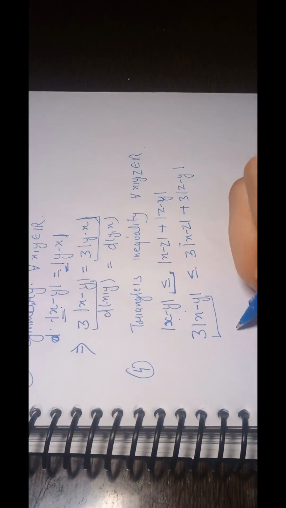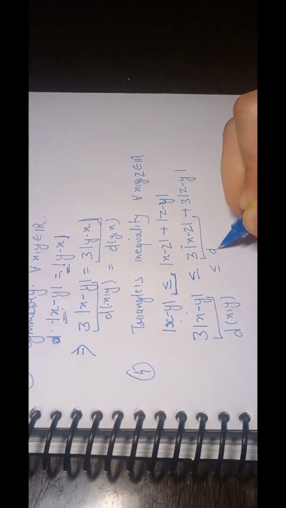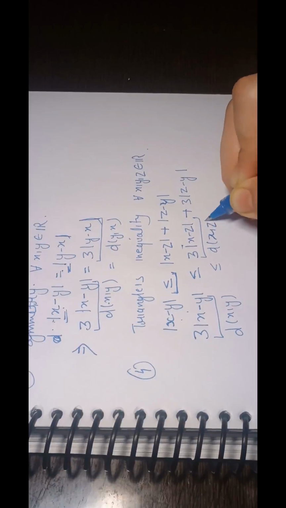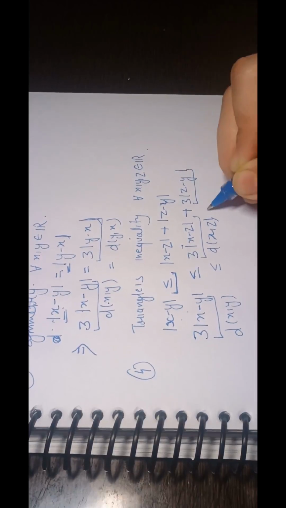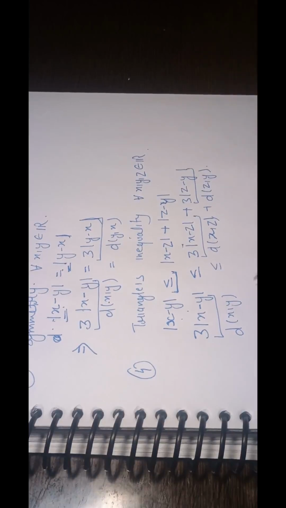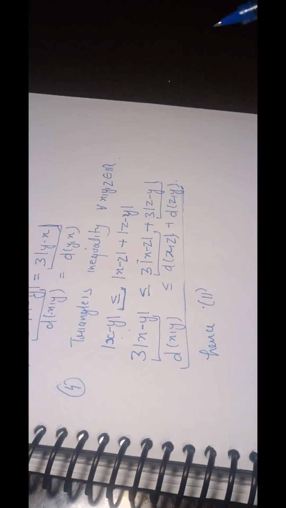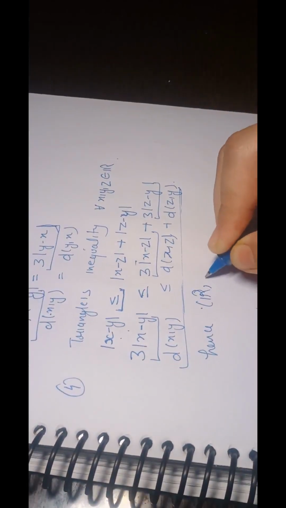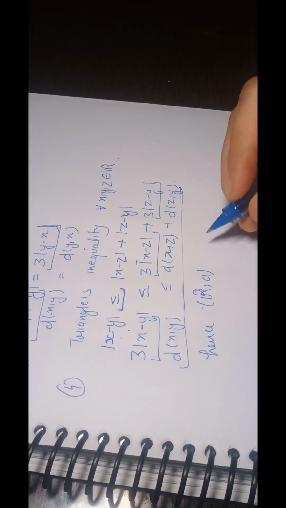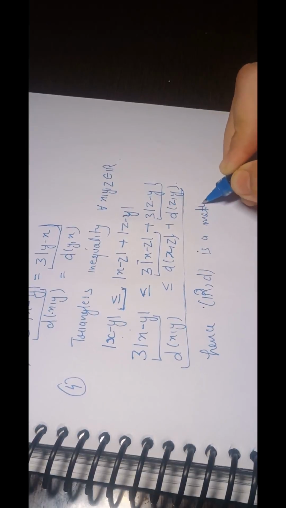This by definition is d of xy, this is d of xz, and this is d of zy. Therefore, all four properties are satisfied, and hence R with this d is a metric space.